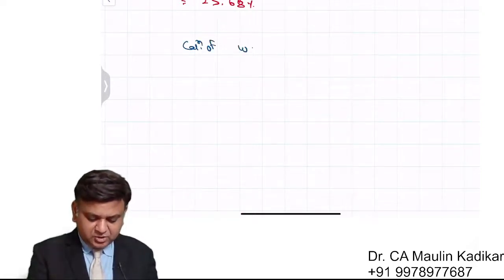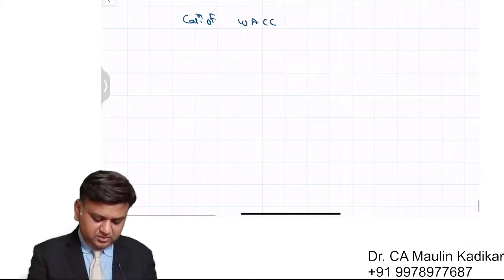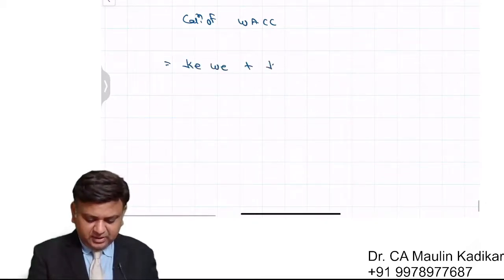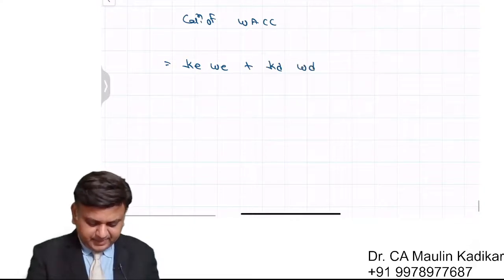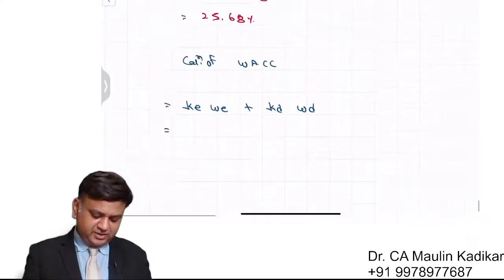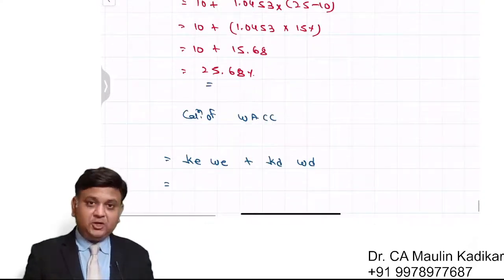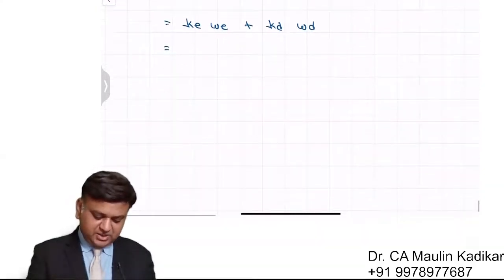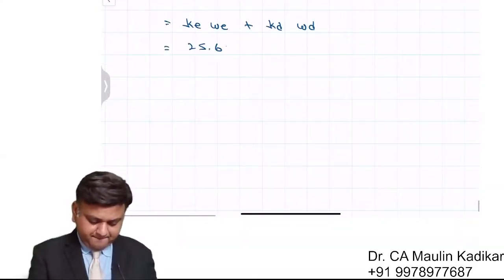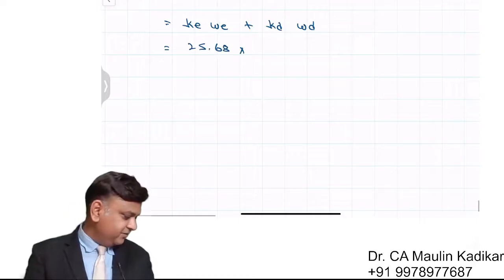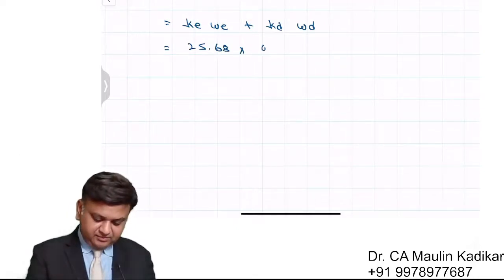उसके बाद calculation of weighted average cost of capital: cost of equity into weight of equity plus cost of debt into weight of debt. तो KE कितना है 25.68. Weight of equity कितना है 0.75.